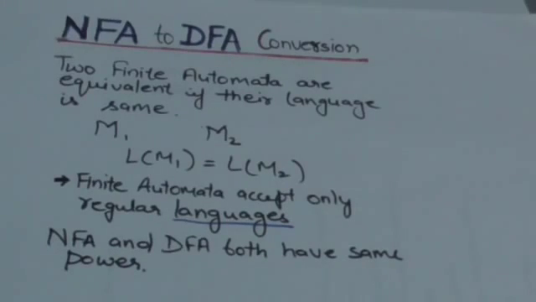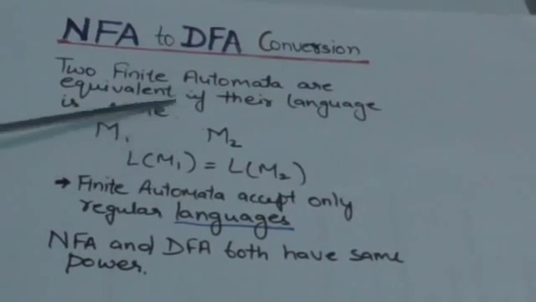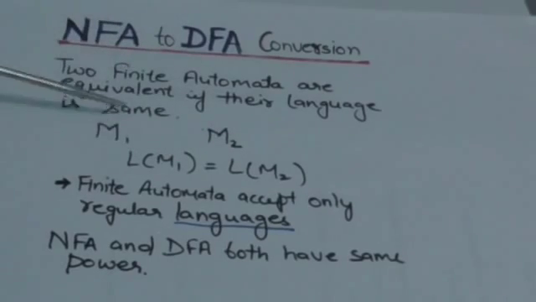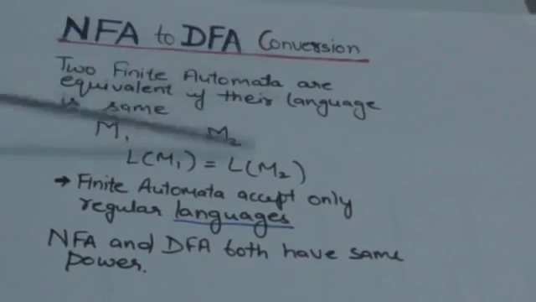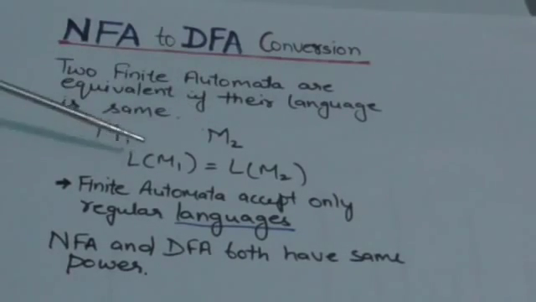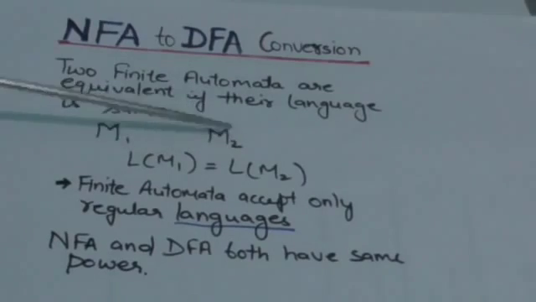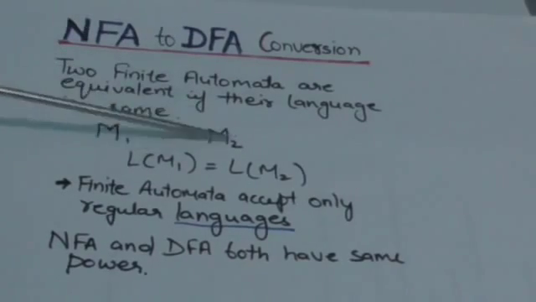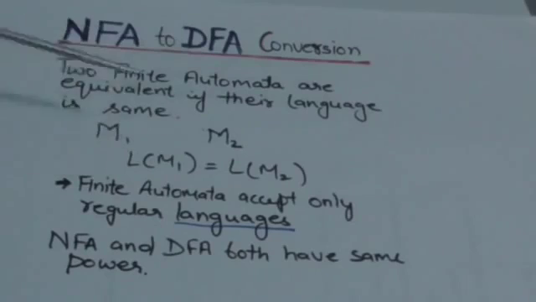Suppose we have two automata M1 and M2 and their languages LM1 and LM2 respectively. Then these two automata would be equivalent if their language is same, which means LM1 equals LM2. It means both accept the same set of strings.